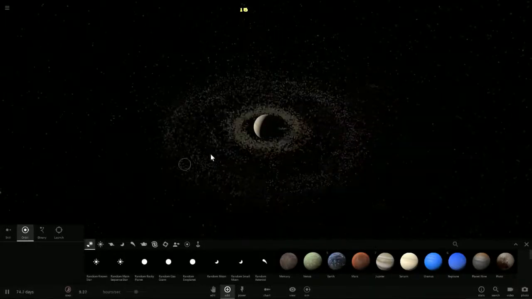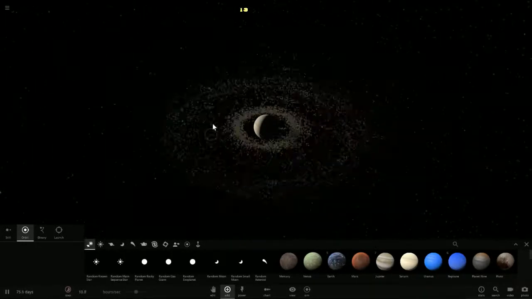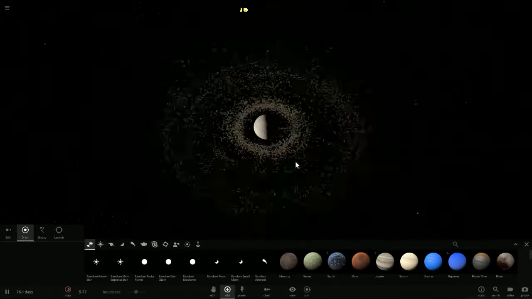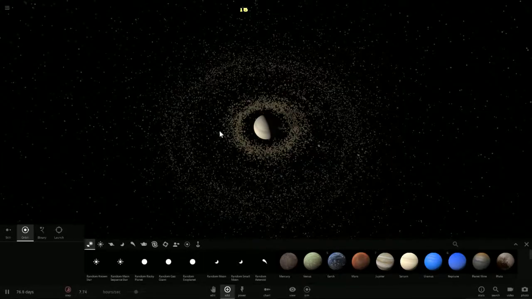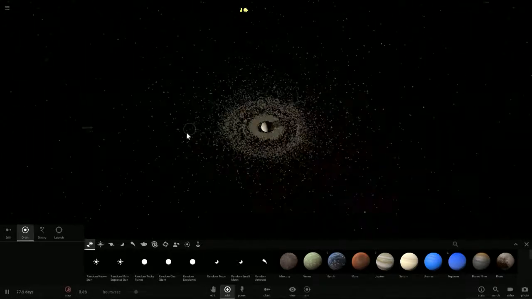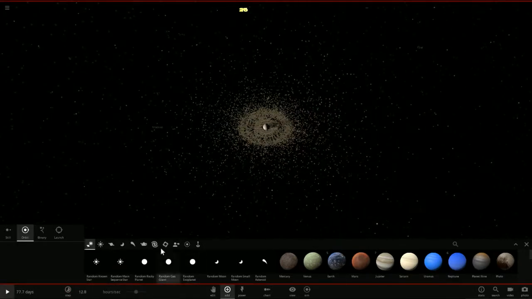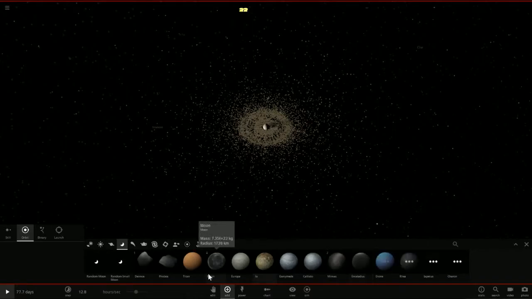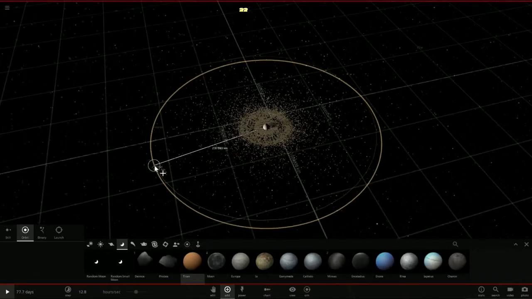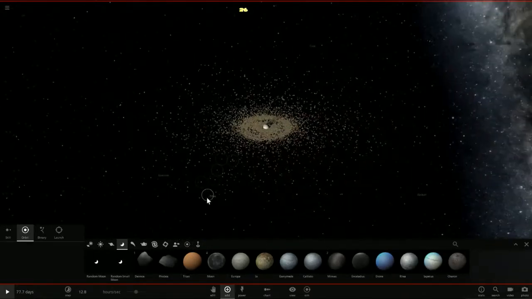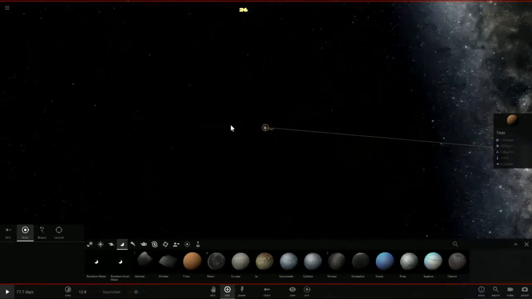Because if Saturn did have a lot of moons when its ring system was still stabilizing. Of course, Titan was there, but Titan, this is Saturn's ring system. Titan was, I'll show you how far away Titan is. Titan is about here, and that is really, really far away.